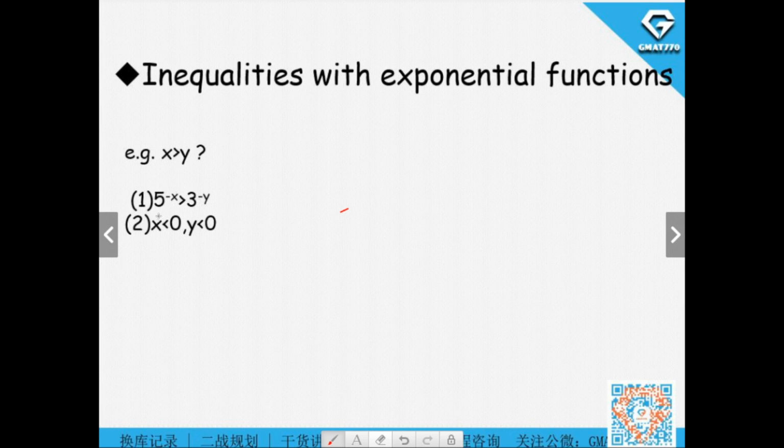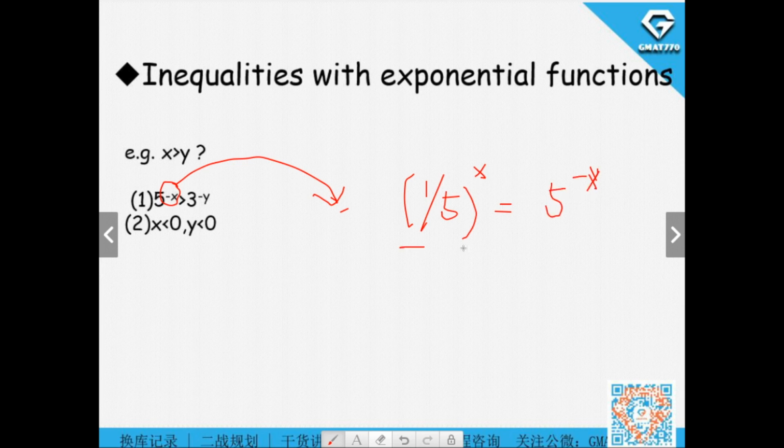But please remember that here you have negative x power of 5, so you can just transfer it into x power of 1/5, since x power of 1/5 is actually equal to negative x power of 5.